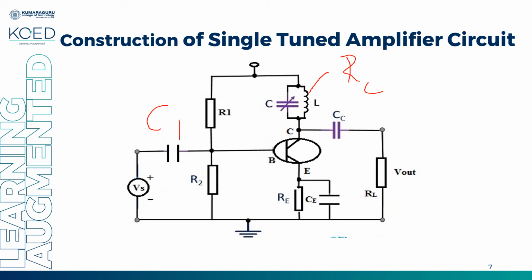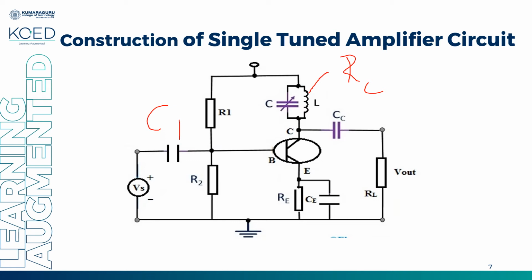And CE, that is your bypass capacitor which is connected to the emitter terminal, we have already learned why it is being connected. So the bypass capacitor is given in order to pass the emitter current to ground and increase the value of the voltage gain.